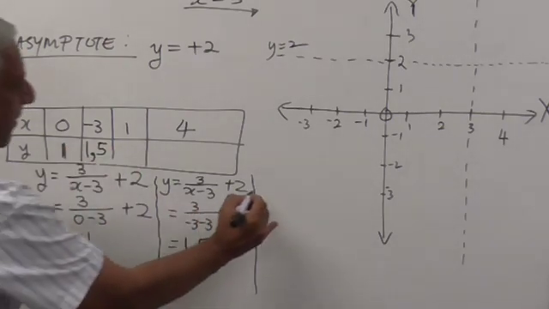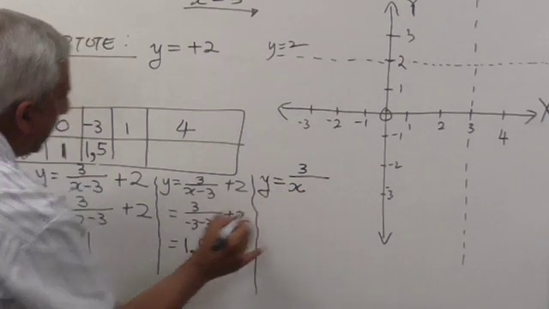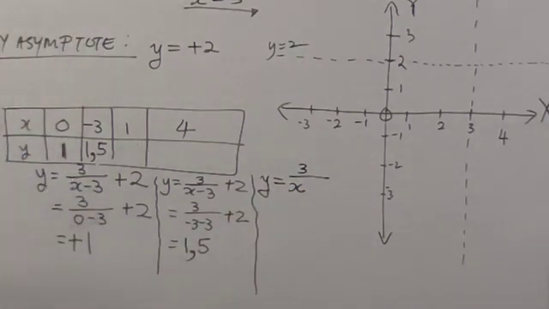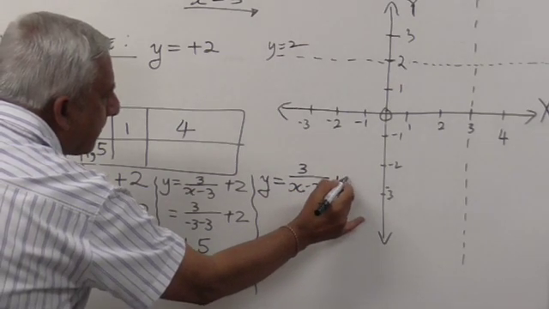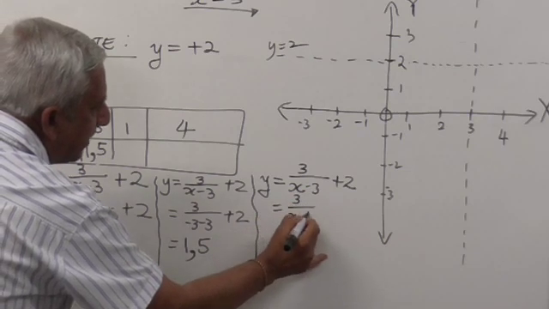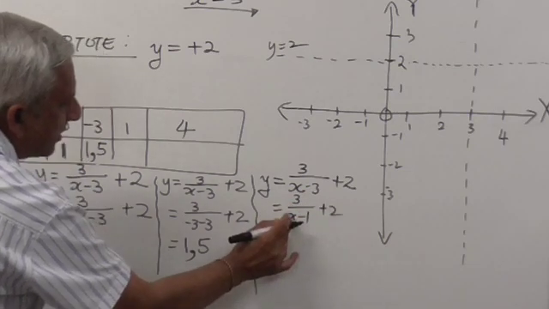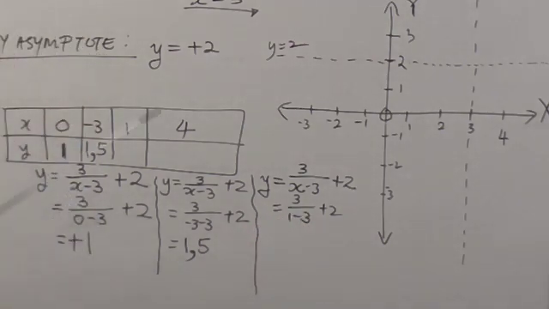So similarly, y is equal to 3 over x. X is now 1. So it's 3 over x minus 1 plus 2. Sorry, x is 1. So it's 1 minus 3. Watch. That's your question. The value is 1 for x.